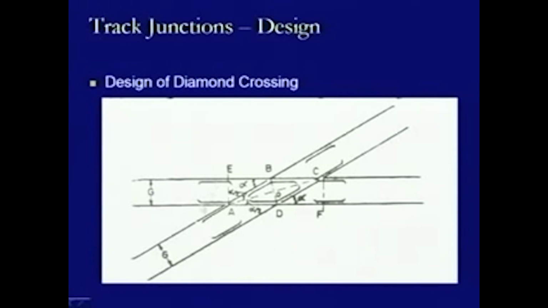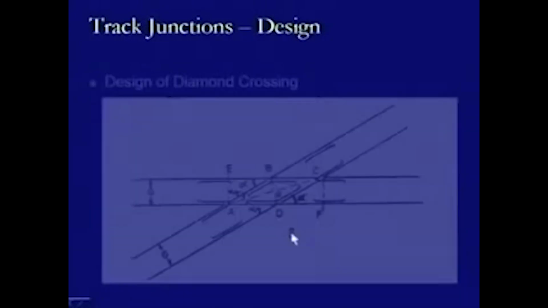So, using the geometry of this figure, which is a simple geometry, we can now find out the length of different components of this, that is AD, AB, BC, CD. This is equivalent to this one, that is AD is equal to BC, AB is equal to DC, and then we can also compute the value of EB, CF and EDF.